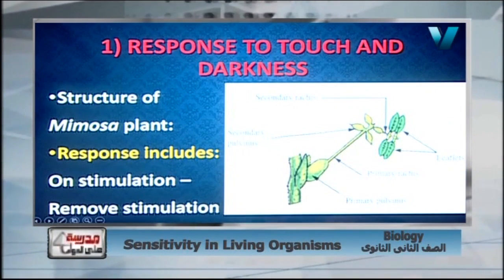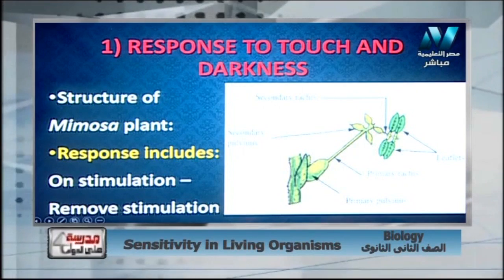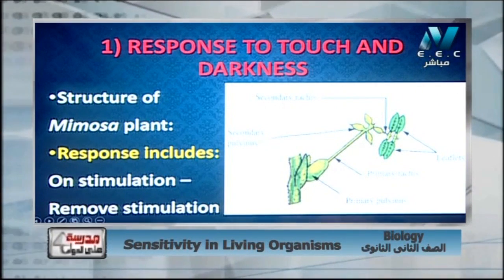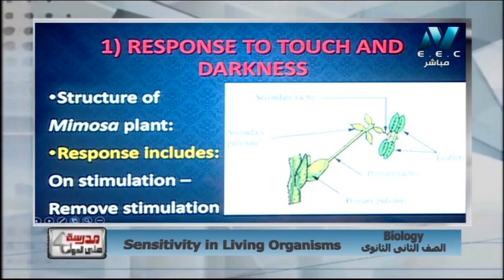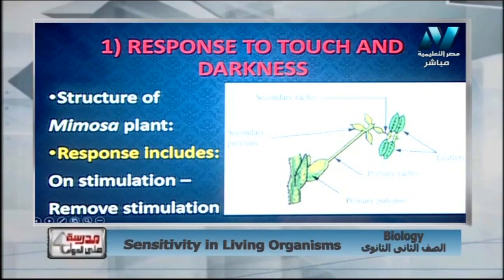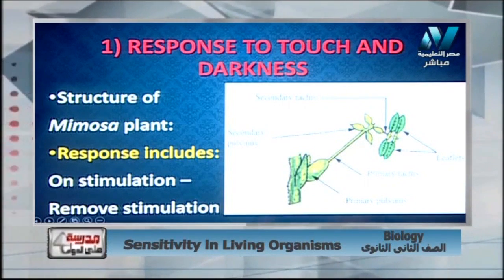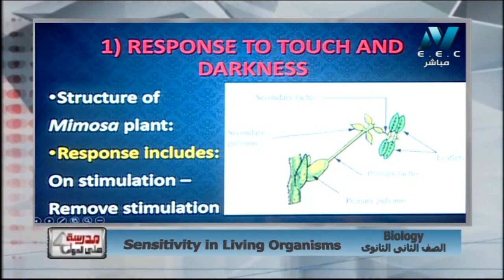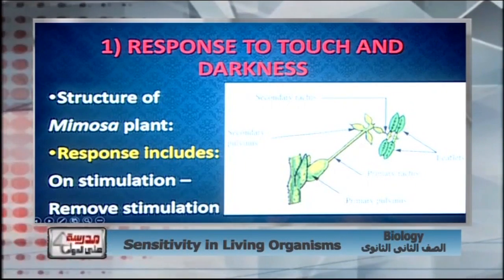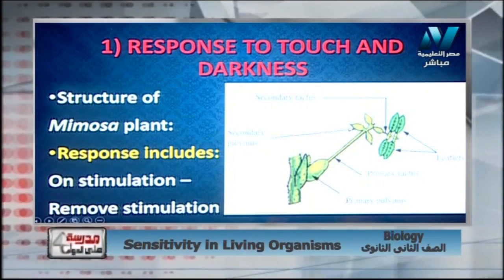When we study the structure of the mimosa plant, we find it is composed of this stem and the branch, and notice the branch contains a swollen part at the base called the pulvinus.